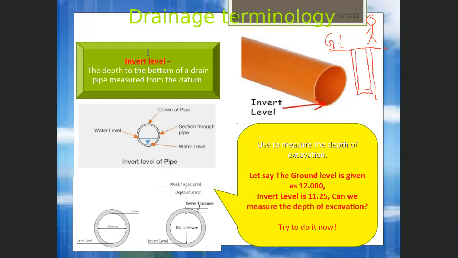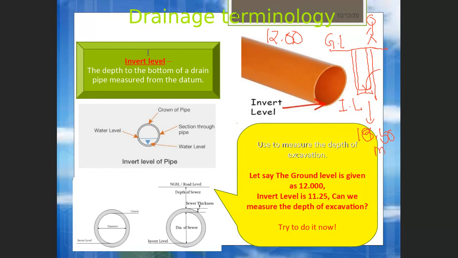Then the engineer gives you the IL, the invert level, this one. Let's say the ground level is given as 12 meter, and the IL is given as 10.5 meter.